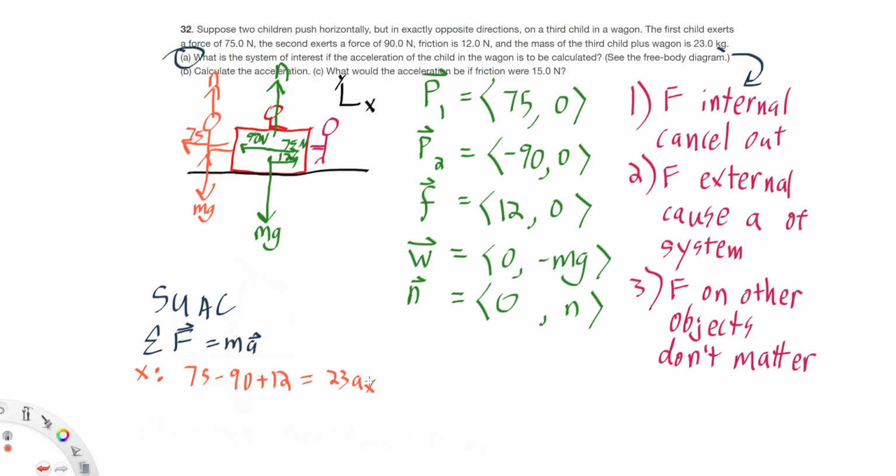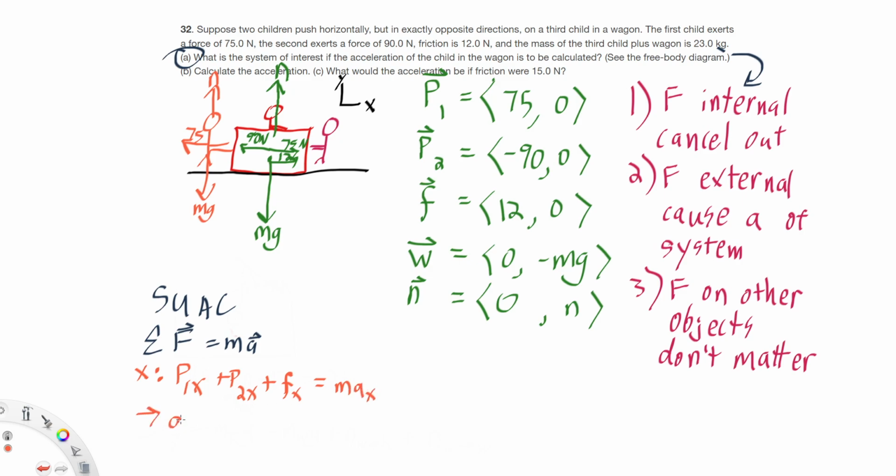Notice I'm actually being a tad bit sloppy here, because my normal rule is don't plug in numbers until the very end after you've done all your algebra. So let me actually rewrite that. We want to make this clean. Sum of forces in the x direction is p1x plus p2x plus friction, and that's going to equal m times ax.